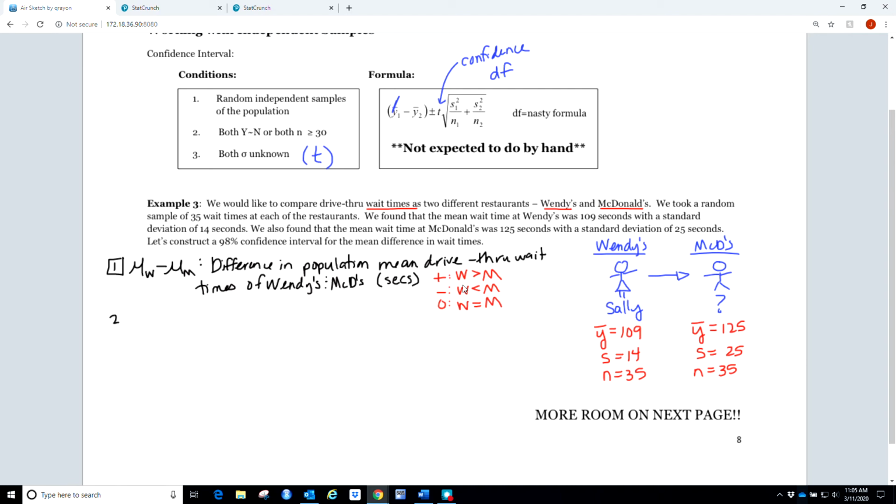Our second step is to check our conditions. Now we sort of drew pictures over here to explain them being independent, but let's actually now write that down in our conditions. So the reasoning why we have independent samples is again that there's no known reason to match the customers at the 2 restaurants.